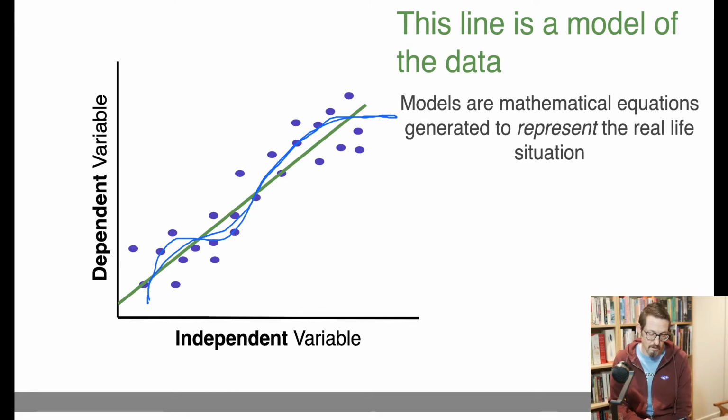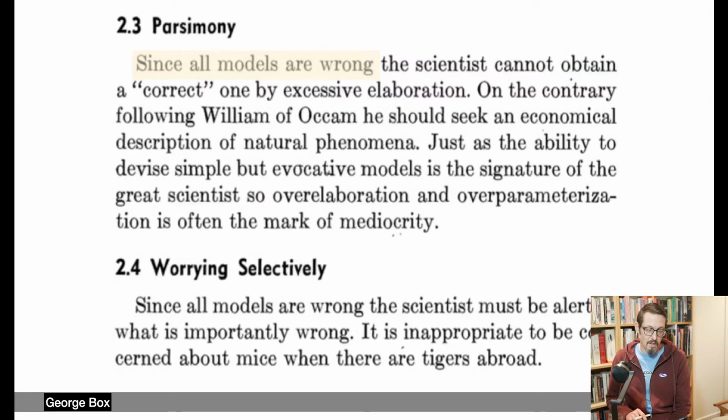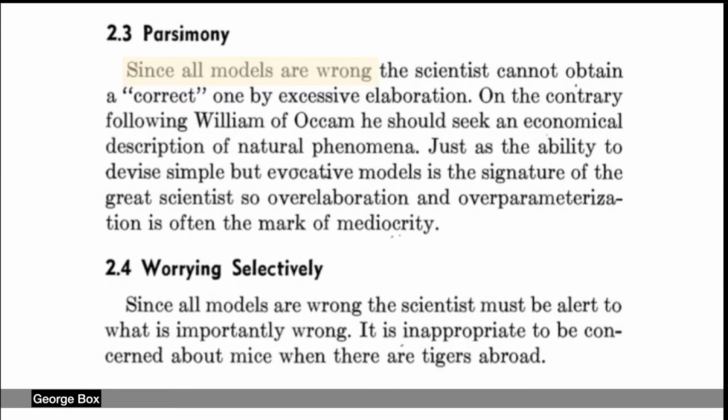But the point of this quote by the famous statistician George Box is that all models are wrong. There's no such thing as the correct model, okay? It's just that we are looking for a model which is good enough, right? We're looking for a model which is useful.